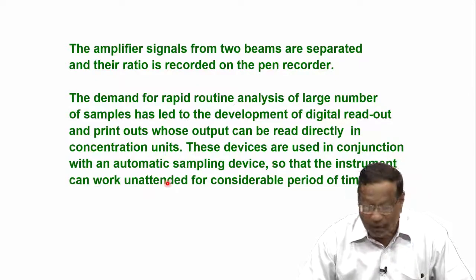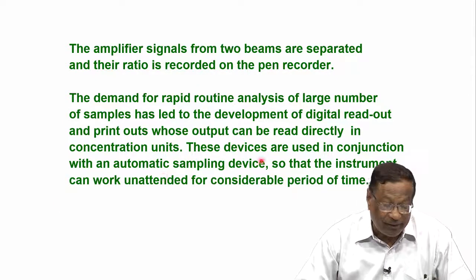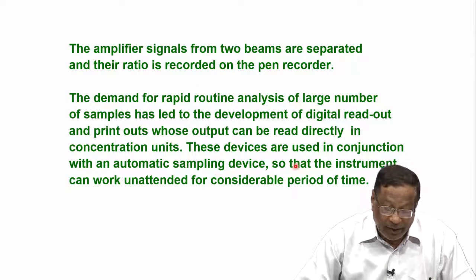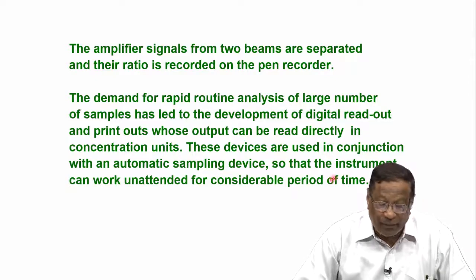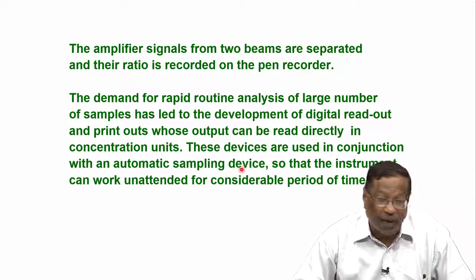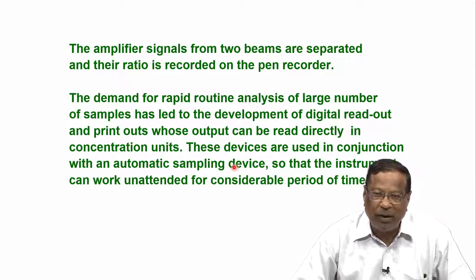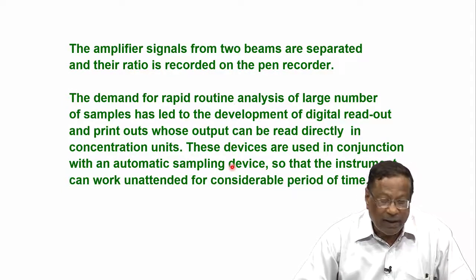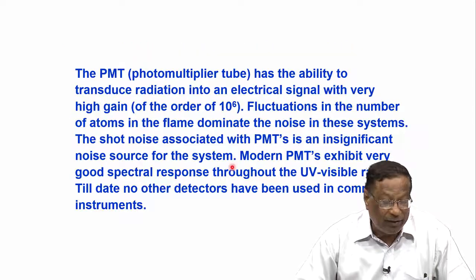This kind of arrangement, automatic sampling devices, are available nowadays, and many of them permit you to do the work unattended for a considerable period of time. You just have to come back and check whether the light is on, flame is on and things like that, and you can do a lot of determinations.